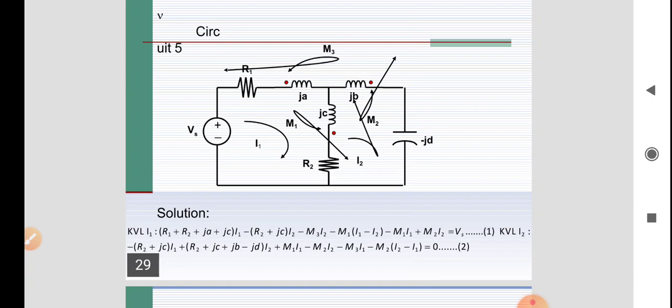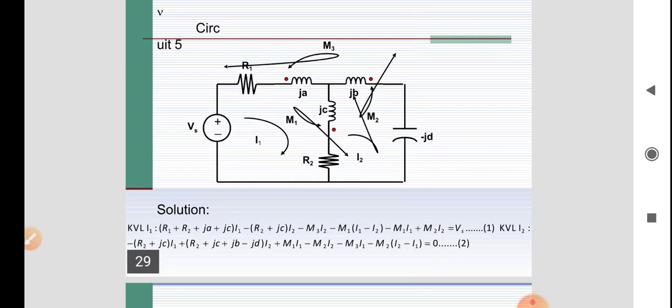Now I want to write down the mutual inductance near to JC. In case of JC, the current is flowing from coil to dot, but the current flowing at JA is dot to coil. As both are in the opposite direction, which is nothing but minus M1, and the current which is flowing to the other is I1 only.